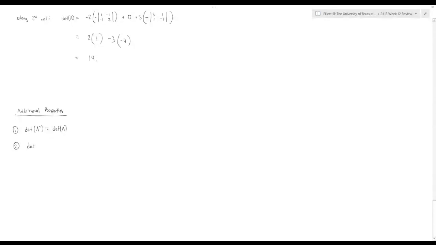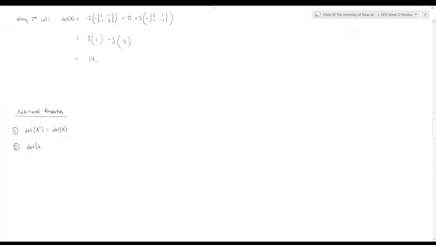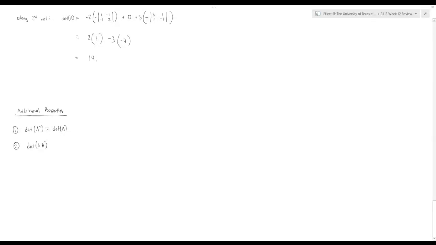Let's say that you're multiplying a matrix by a scalar, and you want the determinant of that. So earlier we talked about how when you multiply one of the rows by k, the determinant gets multiplied by k as well. Now, when you multiply the whole matrix by k, that's kind of like multiplying all n of its rows by k.